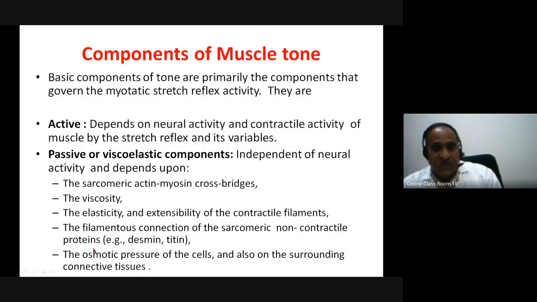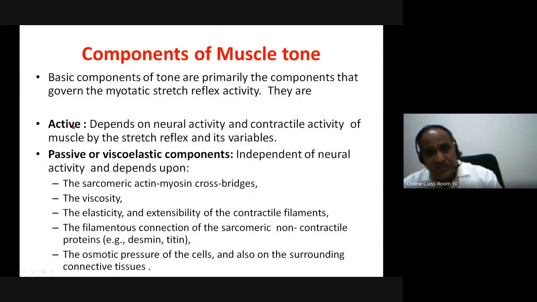Okay, and the osmotic pressure of the cells, the sarcoplasm has its own osmotic pressure, and also the surrounding connective tissue. These are all the viscoelastic components of the muscle. They will also offer resistance, and this is a passive resistance.